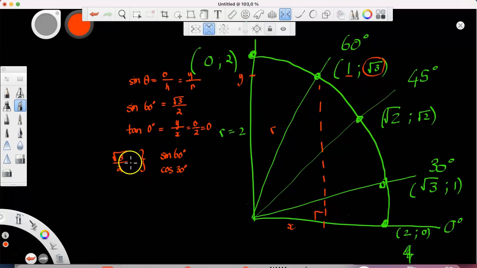But the problem is, if you rely on your calculator or you rely on this little diagram, you won't remember that square root 3 over 2 is actually sine of 60. I can give you a good example.